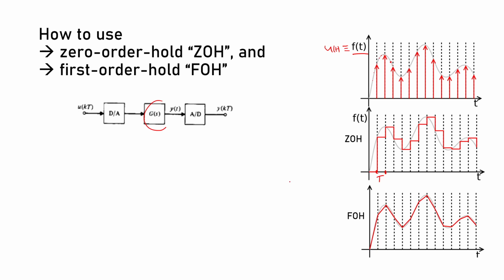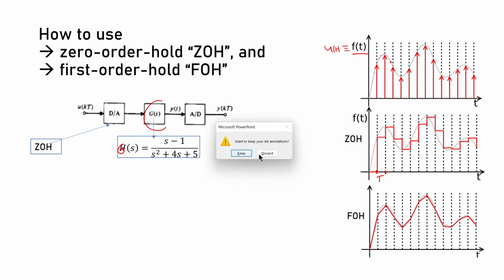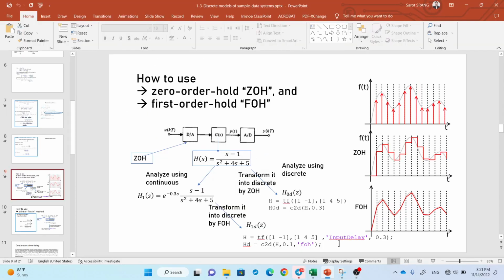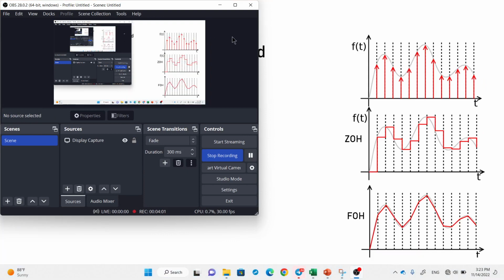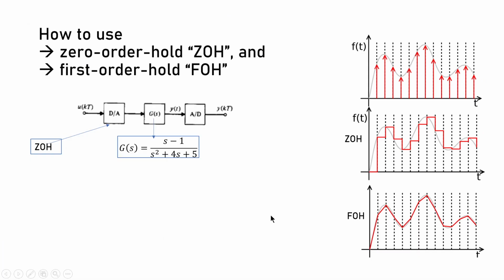So in order to analyze our system, suppose you have a continuous transfer function, let's call it G of s, defined by this.